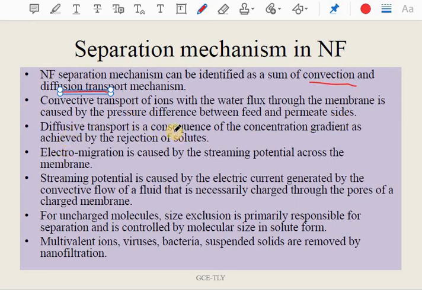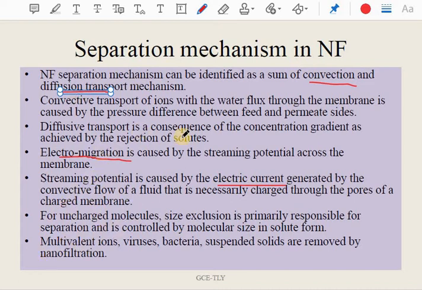Diffusive transport is a consequence of the concentration gradient, which is achieved by the rejection of the solutes. Then electromigration is caused by the streaming potential across the membrane, while the streaming potential is a result of the electric current generated by the convective flow of fluid, and this is necessarily charged through the force of the charged membrane.